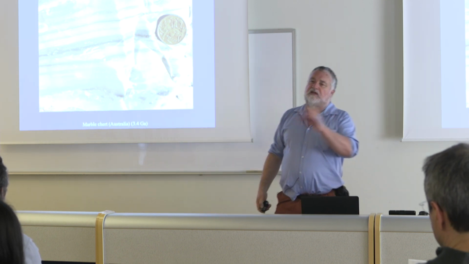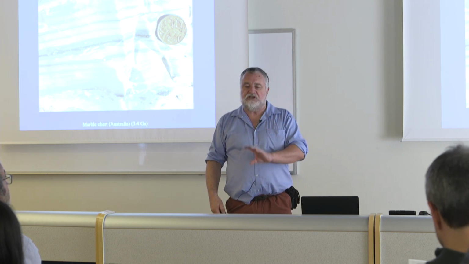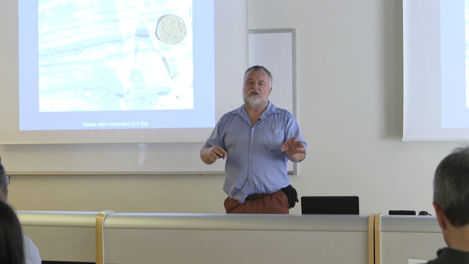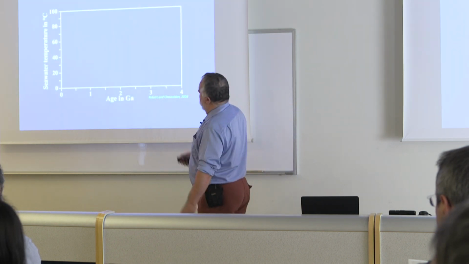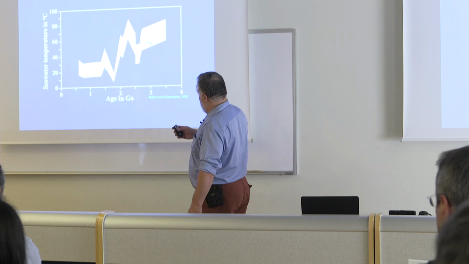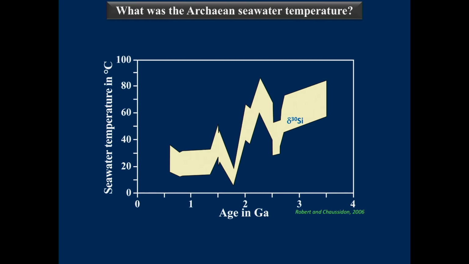And you know that these stable isotopes, oxygen and silicon, can be related to temperature. And for instance, if we try to deduce the temperature of seawater from silicon isotopes, here, we can find that today it's around 20 degrees, but during the Archaean, it can have been as high as 80 degrees, between 50 and 80 degrees.